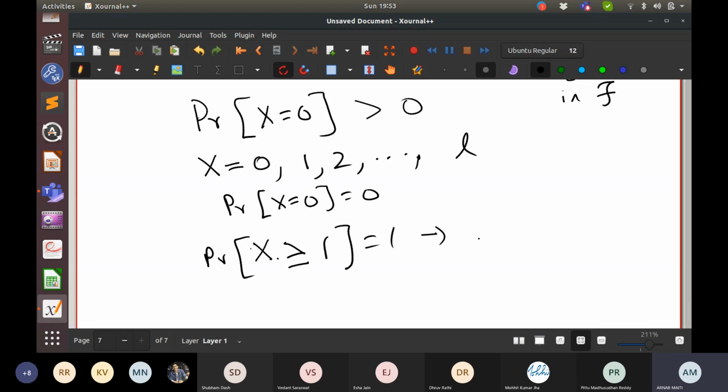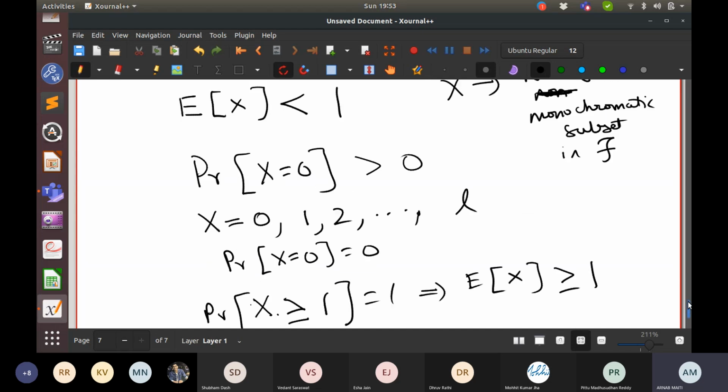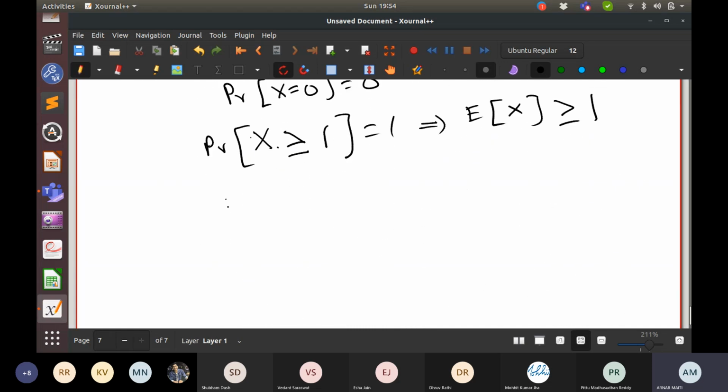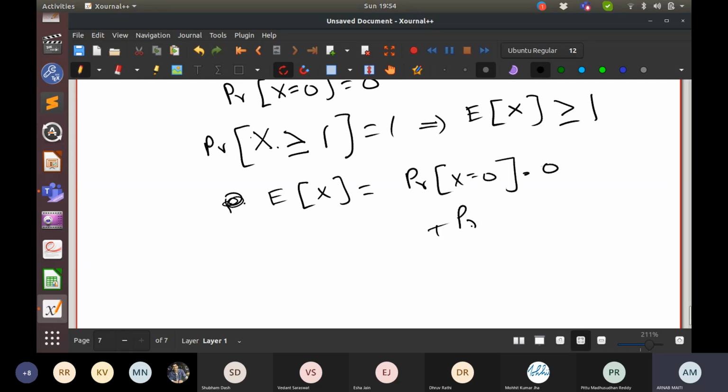Okay, so it will imply that the expectation will be greater than or equal to 1, because, okay, so what was the expectation? The alternate definition of this was the probability that x is equal to 0 times 0 plus the probability that x is equal to 1 times 1 plus so on. So all these will be positive terms, and this will be 0.